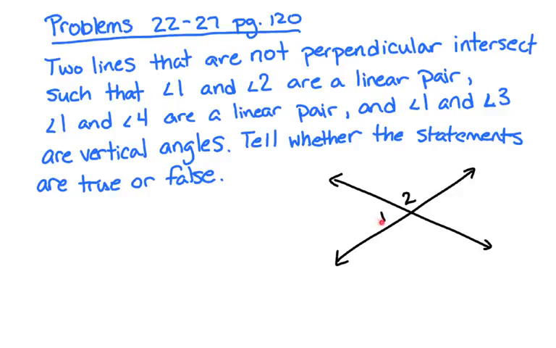Now, angle 1 and 4 are a linear pair also. So you already have angle 1. Put angle 4 down here because, again, that's a linear pair to angle 1. It wouldn't make sense to put it over here because that would make angles 1 and 4 vertical angles rather than a linear pair.